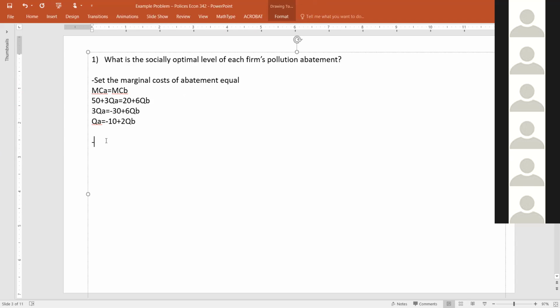So our next step is to set marginal cost for firm B equal to marginal benefit. And then we're going to substitute in for QA and solve for QB. Questions so far? And we'll run through the math together right now.